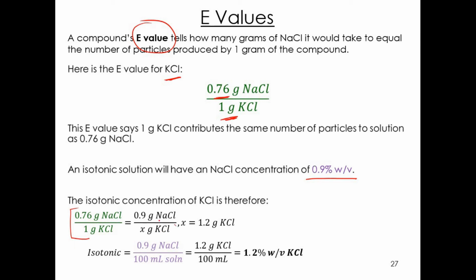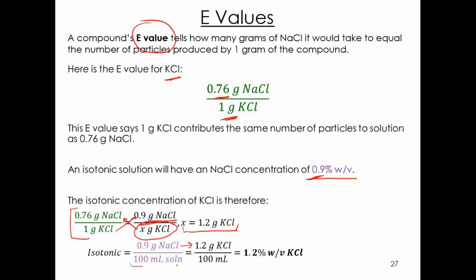We can find out how many grams of KCl it takes to be equivalent to 0.9 grams of NaCl, because 0.9 is the number of grams per 100 mils for an isotonic sodium chloride solution. So cross multiply, divide. The answer is it would take 1.2 grams potassium chloride to equal 0.9 grams sodium chloride.